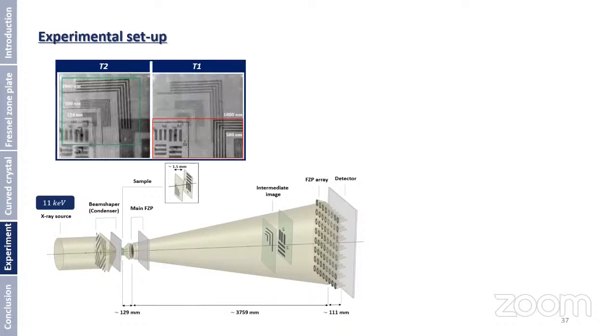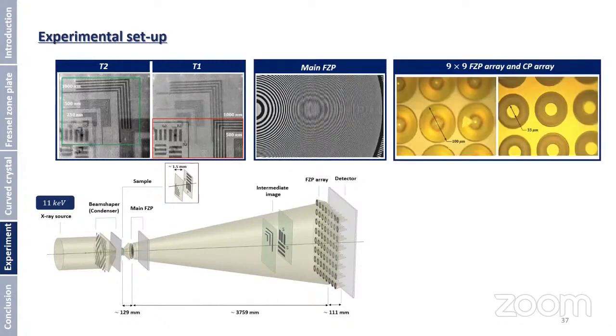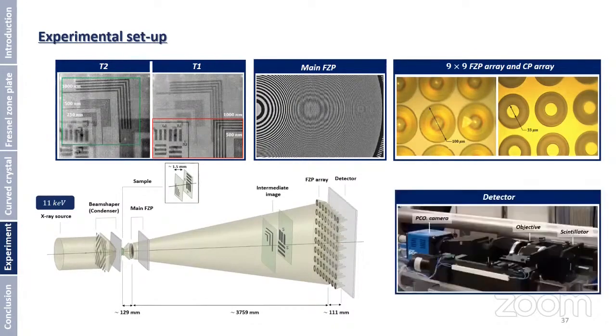We used two separate test charts as the sample. The core part of the experimental setup, consisting of a main Fresnel plate and a 9x9 Fresnel plate array, is a Fresnel plate based plenoptic camera. The image formed by the plenoptic system was converted to visible light by a scintillator and then captured by a PCO camera.